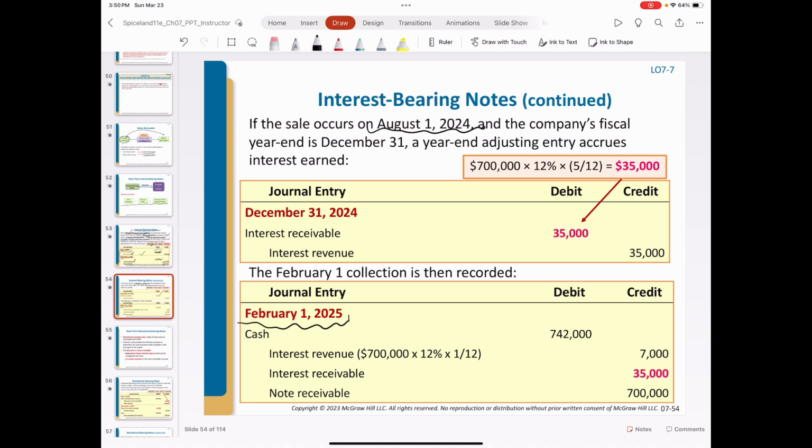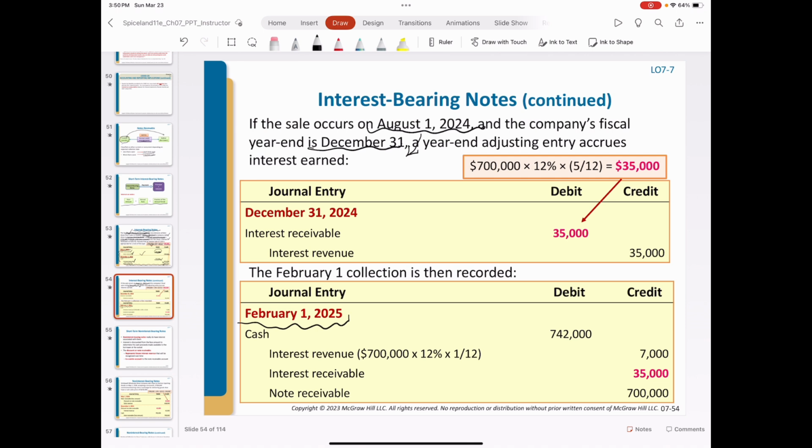But by the end of December 31st, 2024, that's actually 5 months after August 1st, when the sales occurred. You can count August 1st to August 31st, that's 1 month, then September, October, November, December, 5 months.